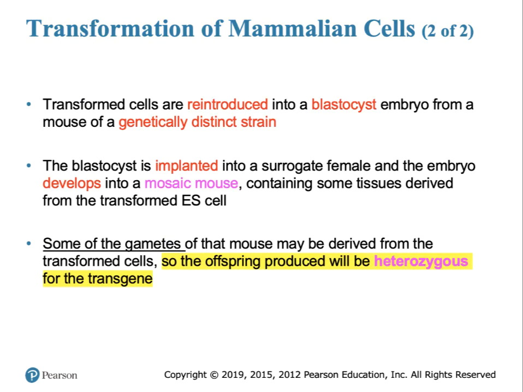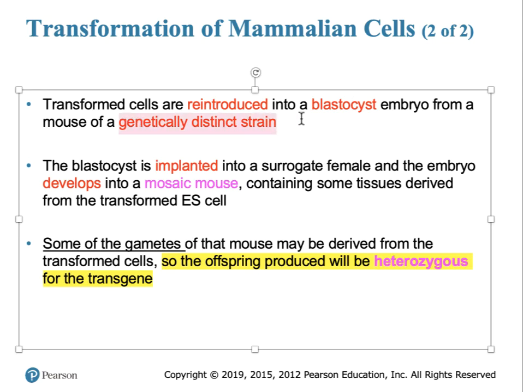Once confirmation of the identity of the genetic manipulation has taken place, the transformed cells are reintroduced back into a blastocyst, but maybe into one from a genetically distinct creature. Therefore, you can identify the two populations of cells.